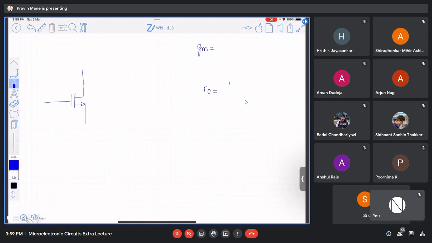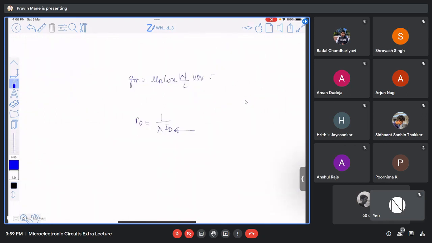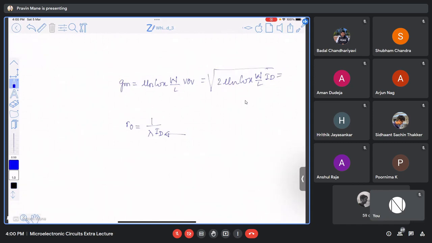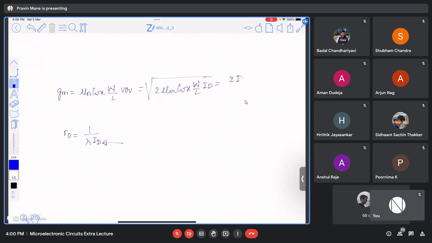So ro is given by 1 upon lambda ID, where ID is the bias current, while gm you can write as mu n Cox W by L into VOV, or the other way of writing is square root of twice mu n Cox W by L into ID, or the third important expression is twice ID by overdrive voltage.